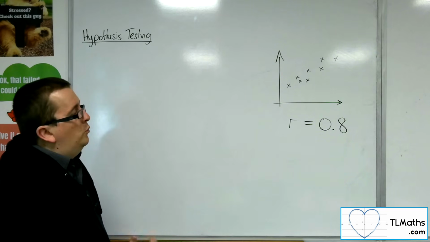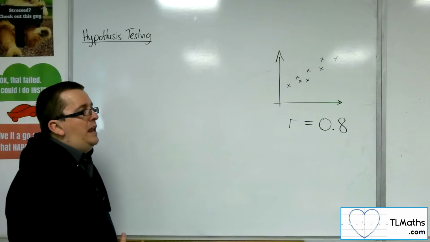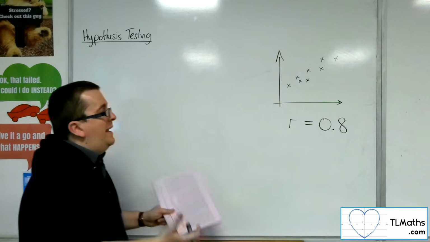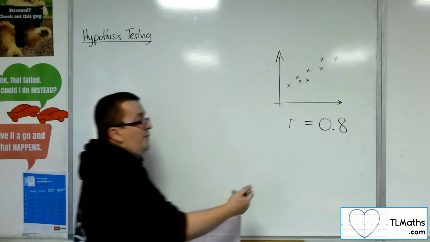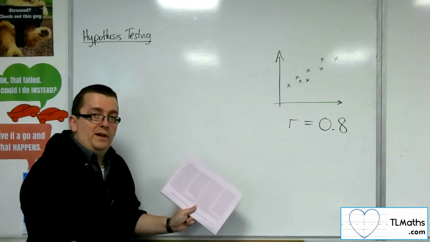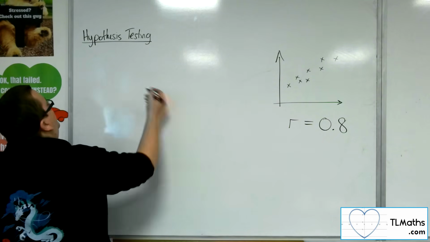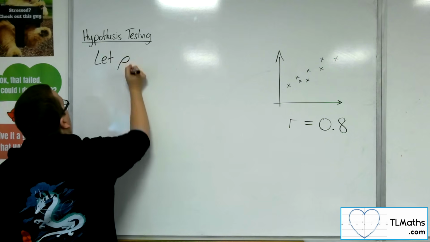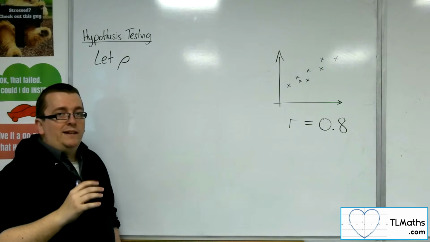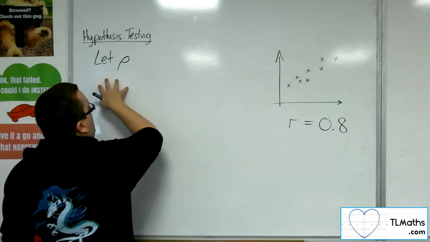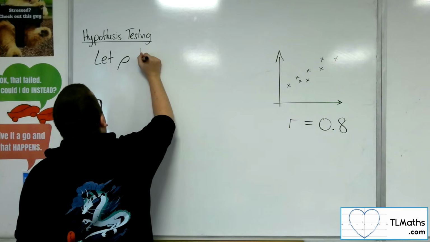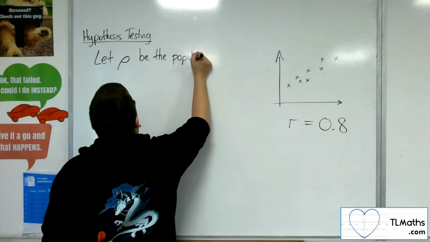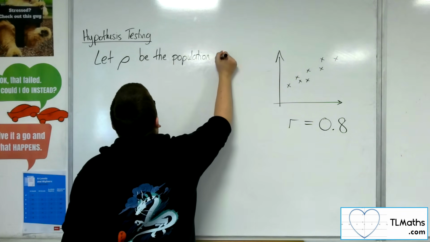So then how do we perform the hypothesis test? The first thing that we need to introduce is the population correlation coefficient, which is the value of R, effectively, for the whole population. We're going to give that a specific letter: let rho, this Greek letter rho, be the population correlation coefficient.